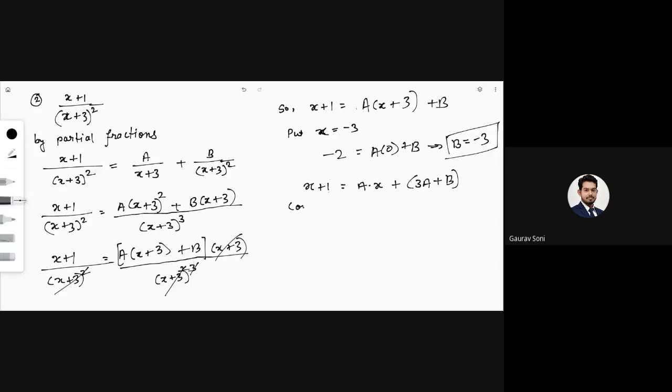Comparing, what you will get, a is equal to 1 and 3a plus b is equal to 1.